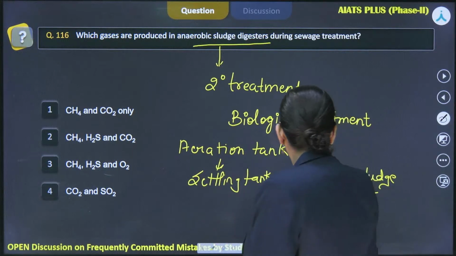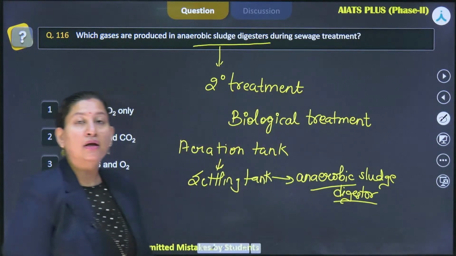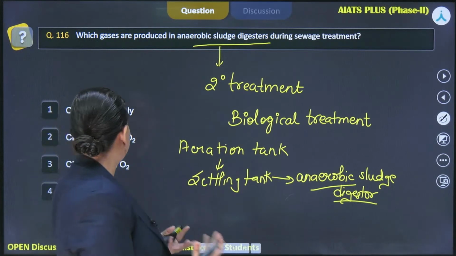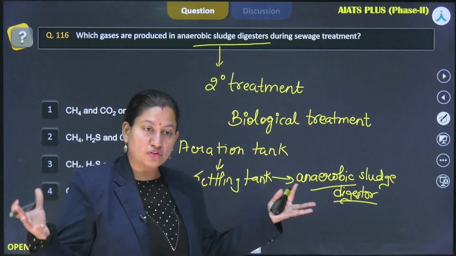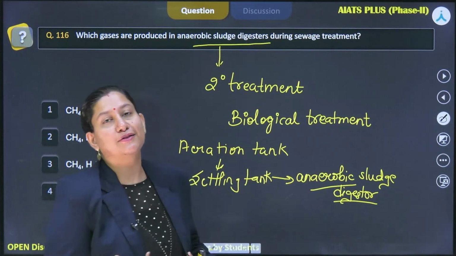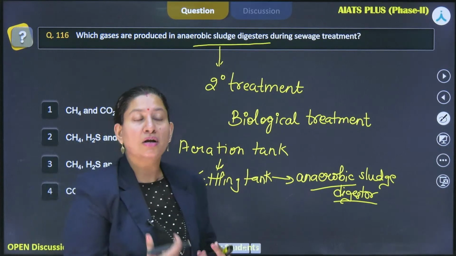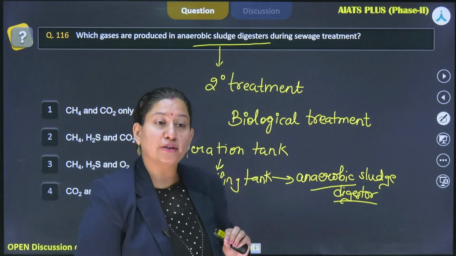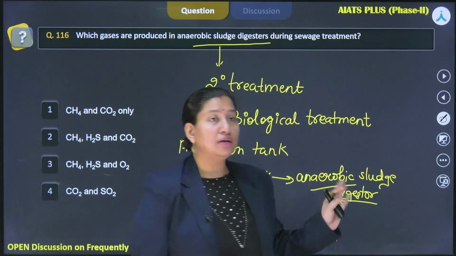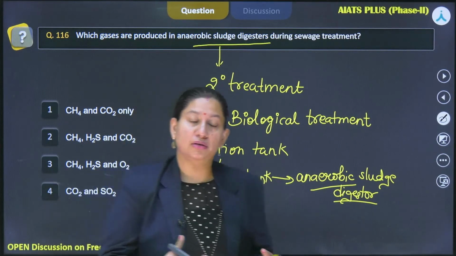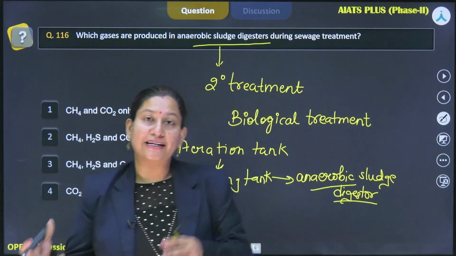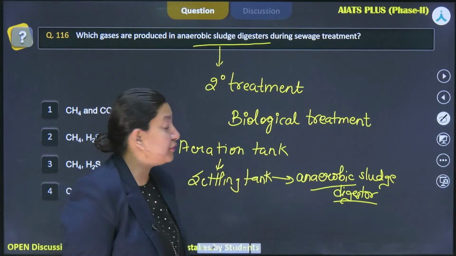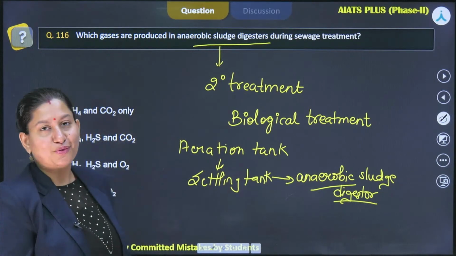So during this anaerobic sludge digestion, the production of biogas, or you could say methane, is going to take place. Methane, of course, in large quantity, but other gases as well are produced as byproducts by methanogens. So you also read this line that anaerobic sludge can go directly into the biogas plant for the production of methane, not methanogens. Methanogens are going to produce it.